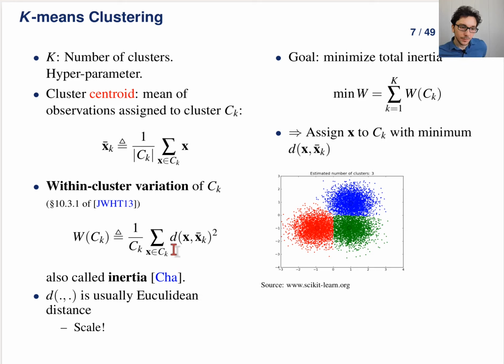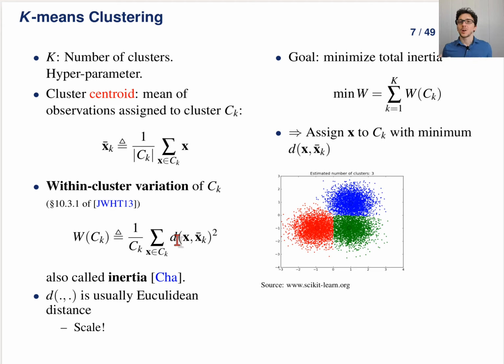Observe that to define the within cluster variation, we need to use a distance metric. Usually this distance is just the Euclidean distance between points. So observe that to perform good clustering, you need first to scale your dataset, because when you compute Euclidean distance, if you don't scale, the features with higher values will predominate in calculating the distances.